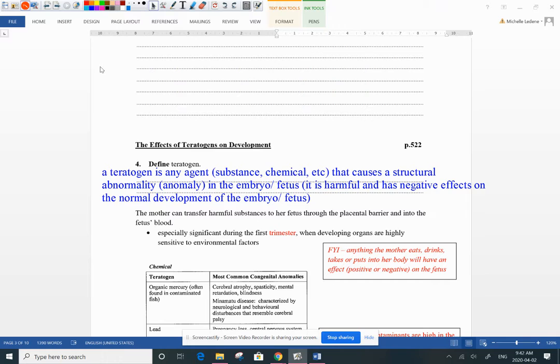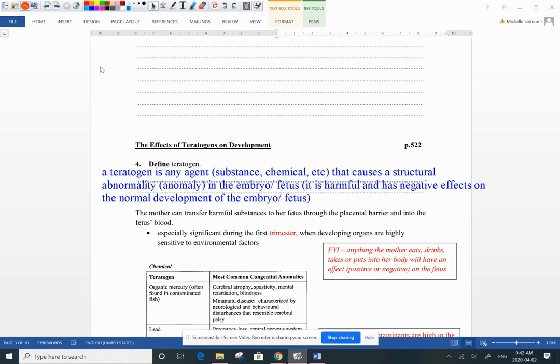These are all harmful chemicals, harmful agents that are going to cause problems in the development of the embryo or the fetus.